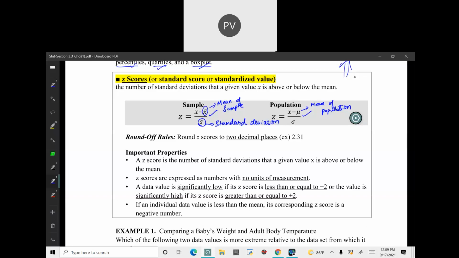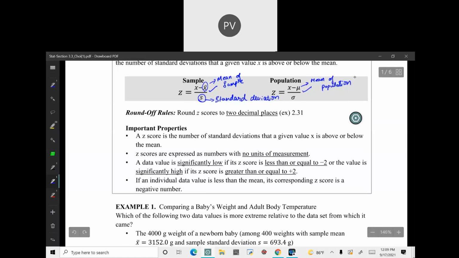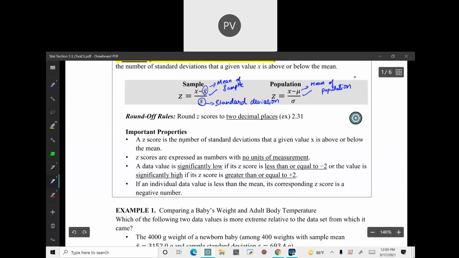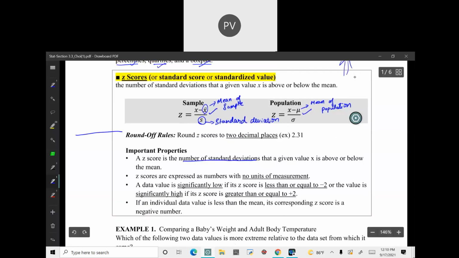Okay, now let us see about the properties. This is nothing but the number of standard deviation that a given value x is above or below the mean. So it will denote whether the value is below or above the mean. Now, you know that we studied about this rule, empirical rule, right?